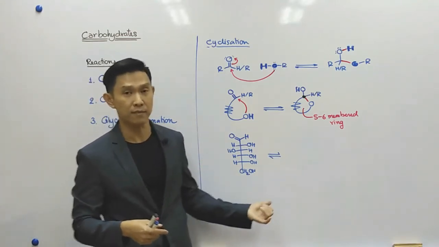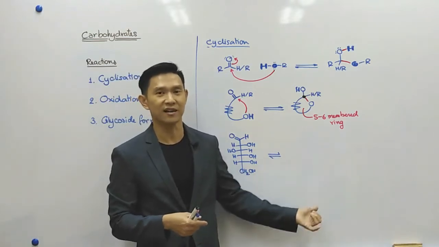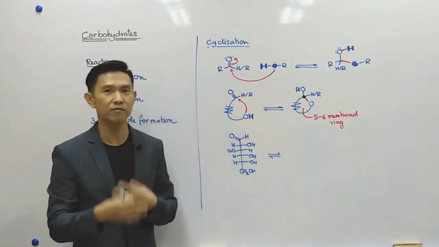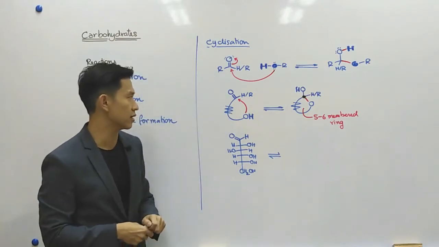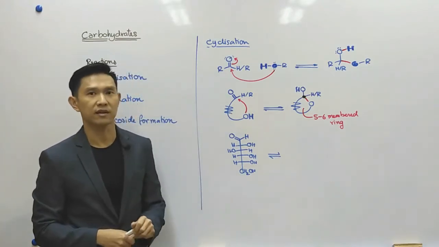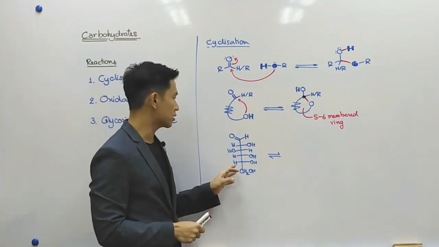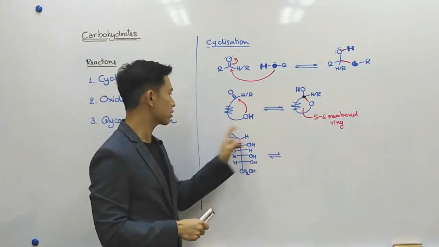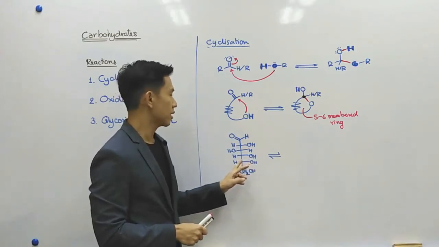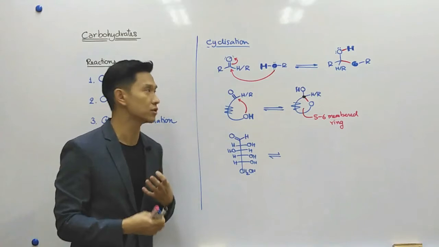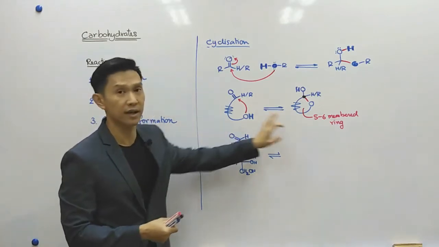And also in 5 members, you also construct another 32 possibilities. So there is a kind of mixture of things in saccharide chemistry. Okay, I will not show you how to close the ring, but I want you just to know that it can happen.